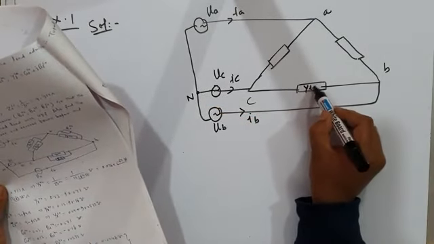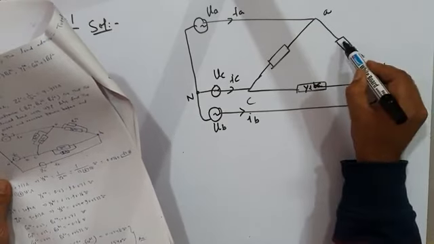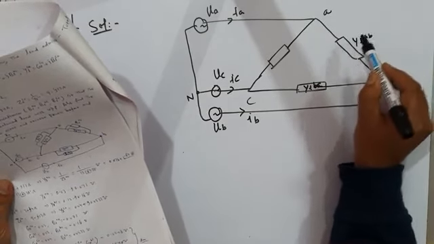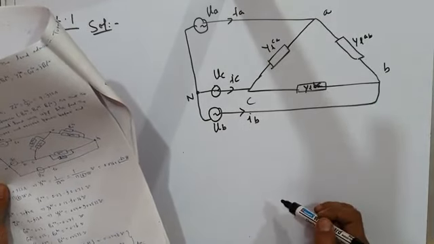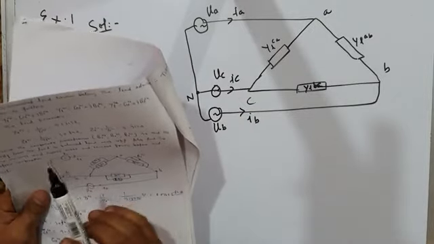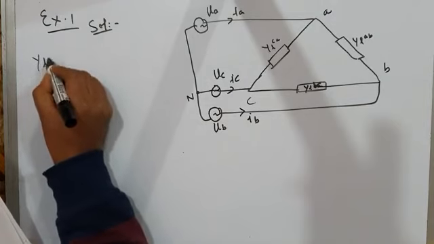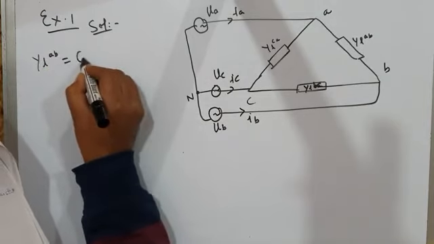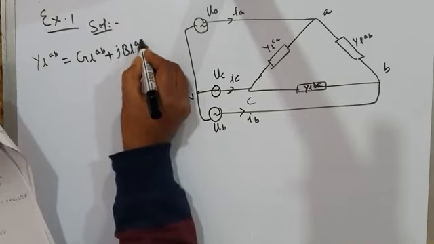This is YLBC, this is YLAB, and this is YLCA. These are the load admittances. It is written in the problem that for the delta connected load shown below, the load admittances are given as YLAB equal to GLAB plus JBLAB.